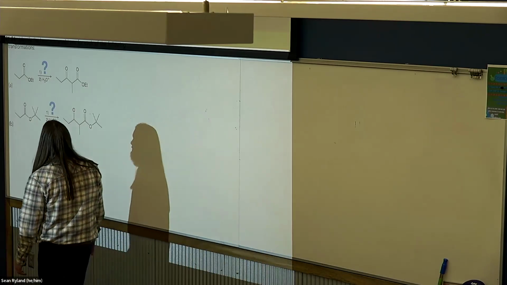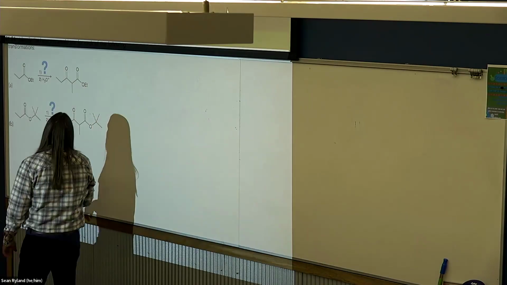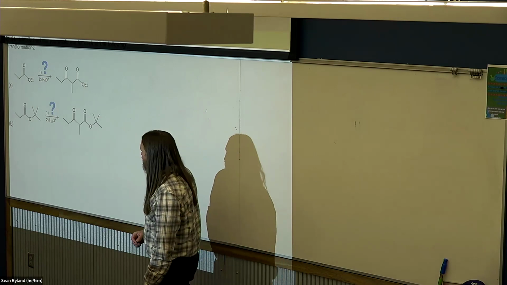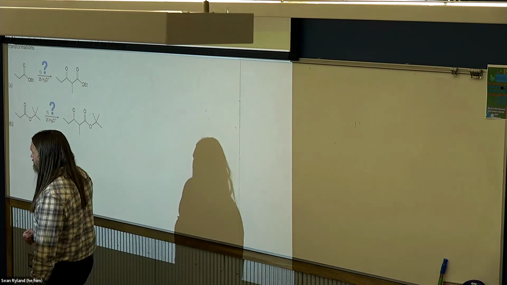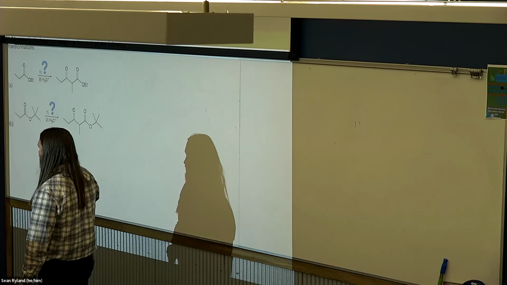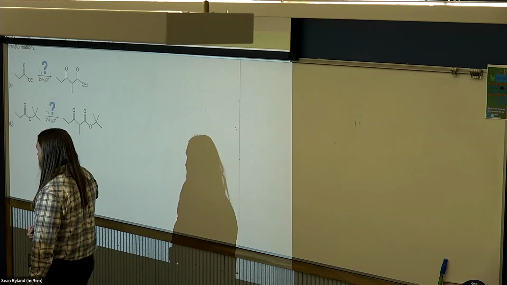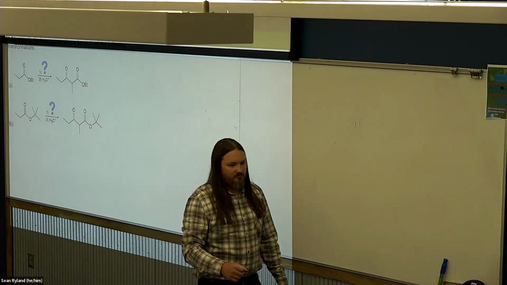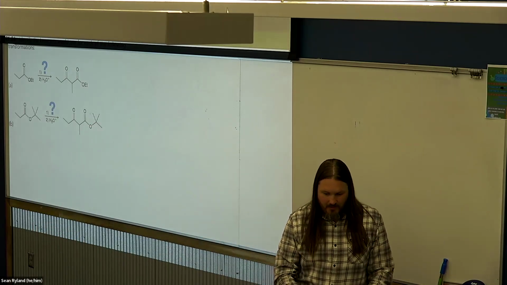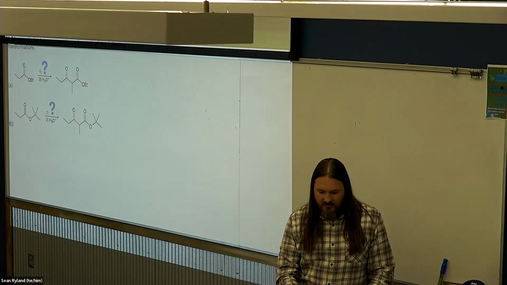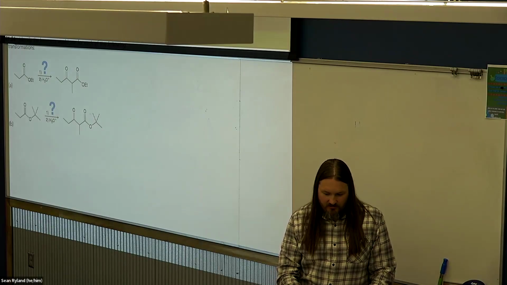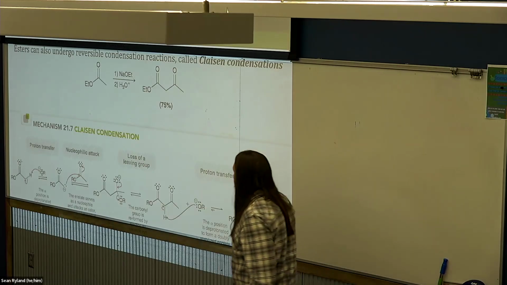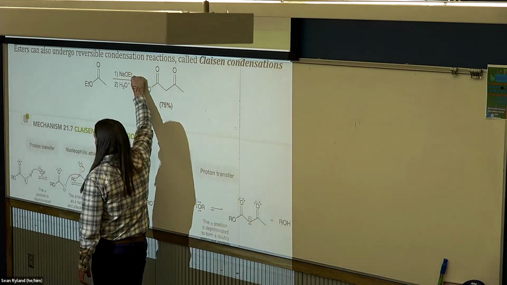So what would we react to make these? What base would we use? Doesn't the base matter? Why? They're not symmetrical. This one we use ethoxide as our base.